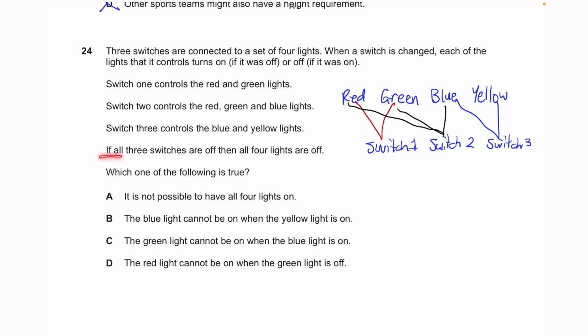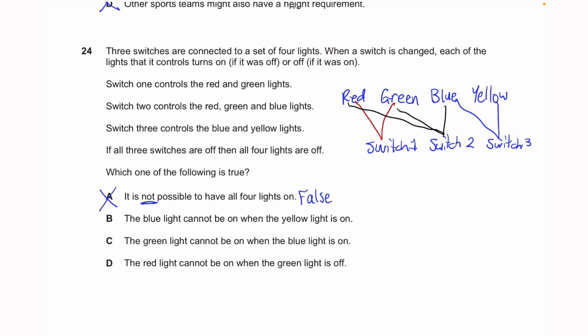Because think about it, if all 3 switches are off, then all 4 lights are off. That means the opposite can also happen as well. And so A is possible, and so that's why this is incorrect, because it's false. It is possible, and this one is saying it's not possible.